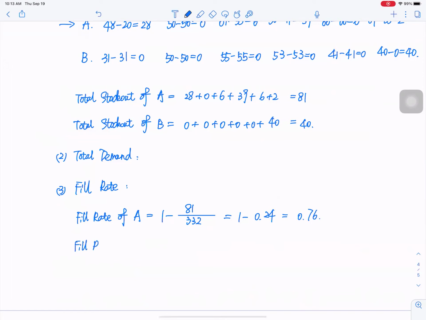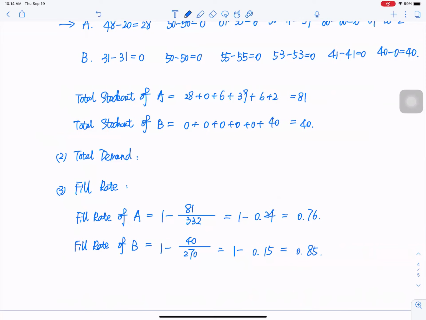And the fill rate of B can be calculated by 1 minus total stock out of B, which equals 40, divided by total demand of B, which equals 270, which equals 1 minus 0.15, which equals 0.85.